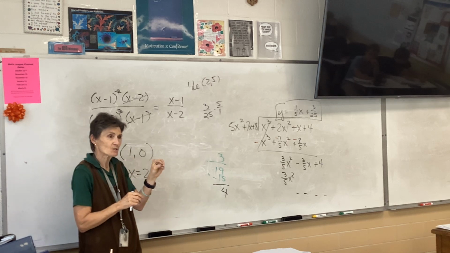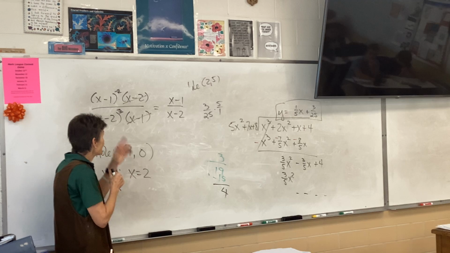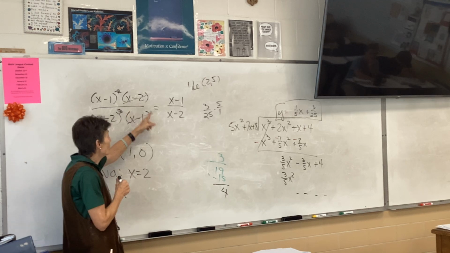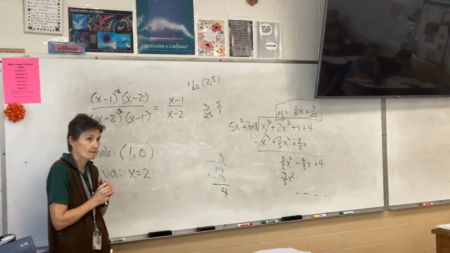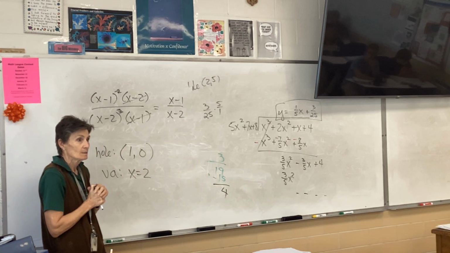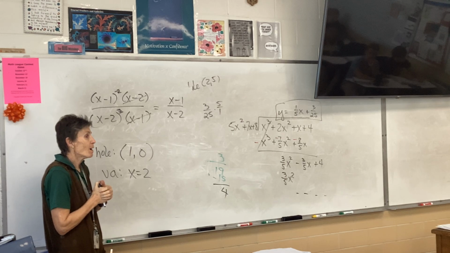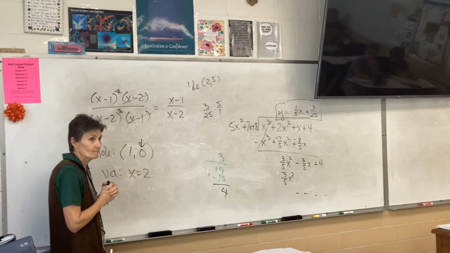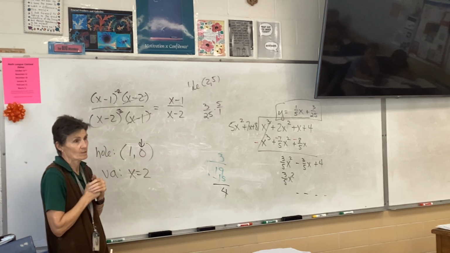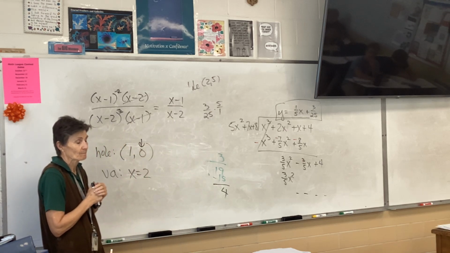But just because you cancel doesn't guarantee a hole. We canceled out a 2, but we still can't plug it in. So it's not a hole, it's a vertical asymptote. Okay, does that make sense? Remember, if you have a hole, you have to be able to come up with a y coordinate. As long as you can come up with a y coordinate, you're all good. But if you have a 0 on the bottom, that ain't going to work.